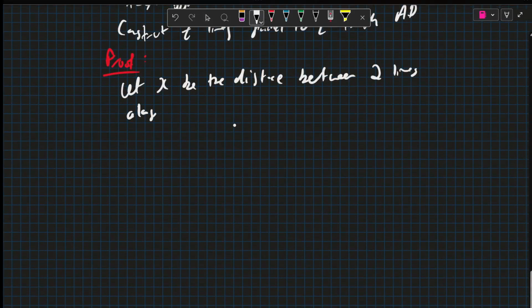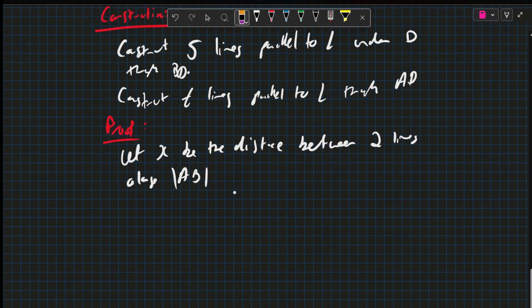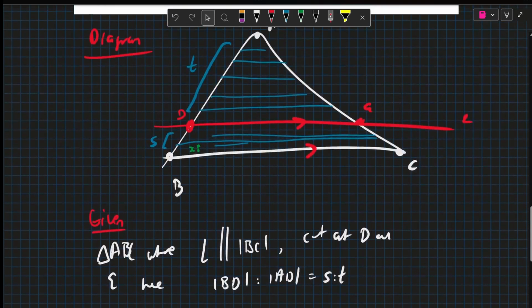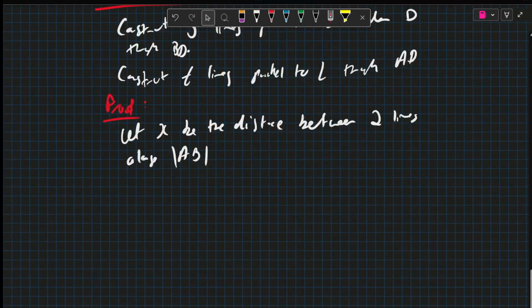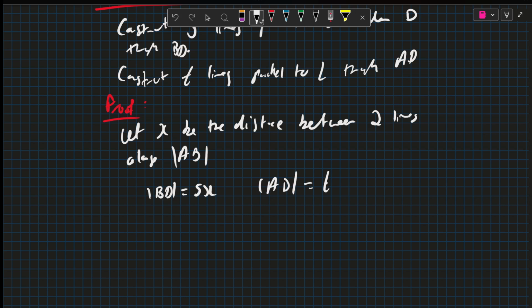Each one of these is going to represent the same distance. So that means that B to D is Sx and A to D is Tx. We're on the right track. So B to D is Sx and A to D is Tx.